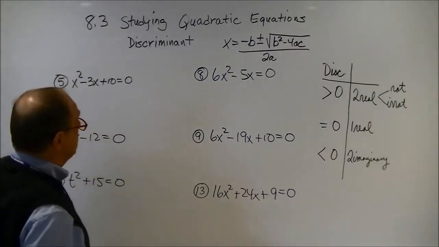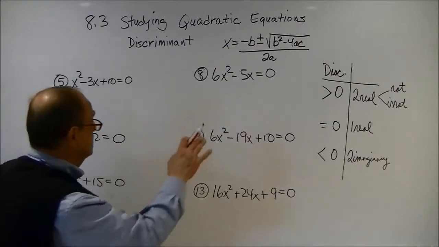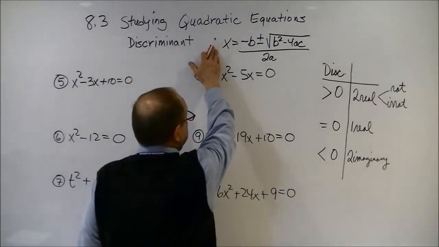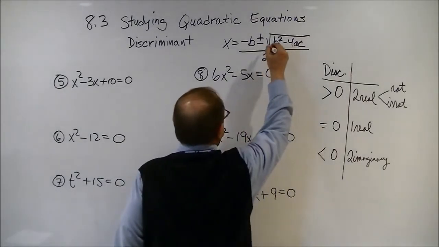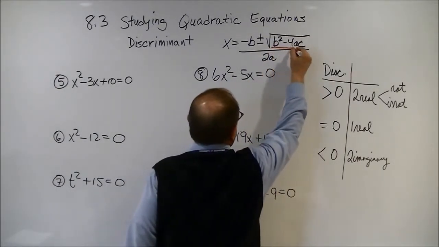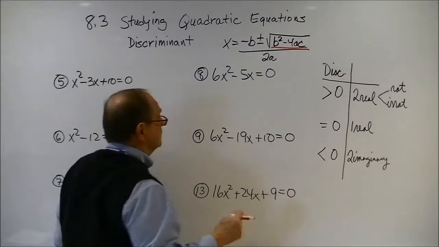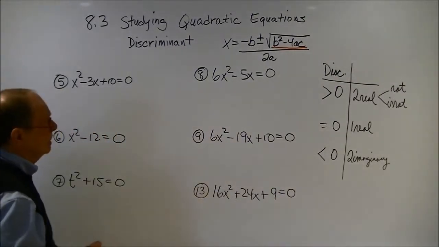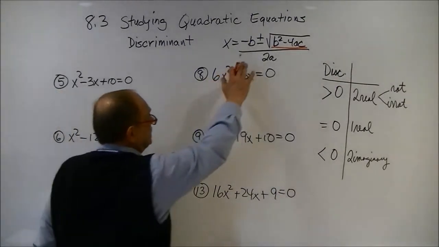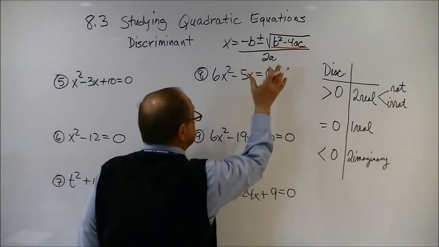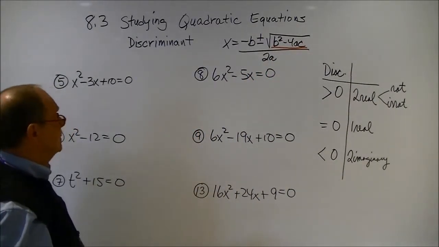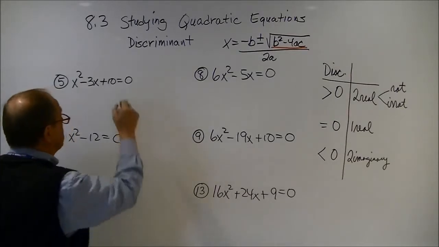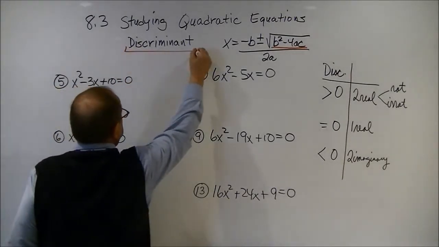As we look at the quadratic formula that I have left up here from the previous lesson, we see something under the radical sign here. This radicand under the radical sign has a special place in the quadratic equation. It is called the discriminant.